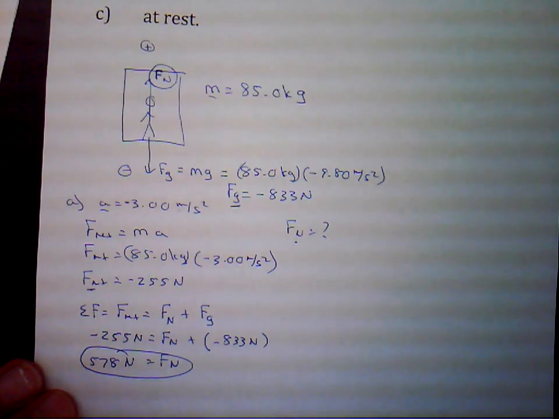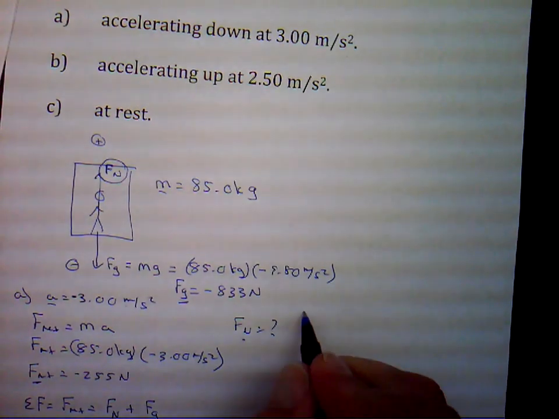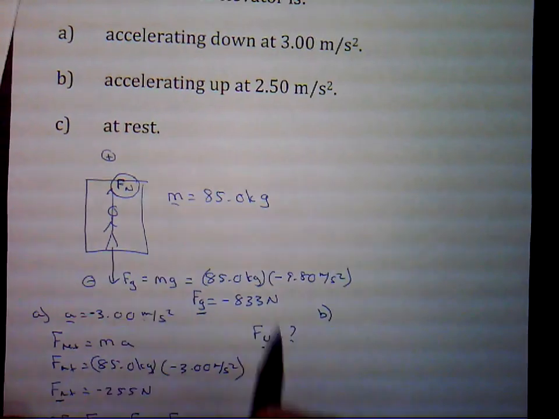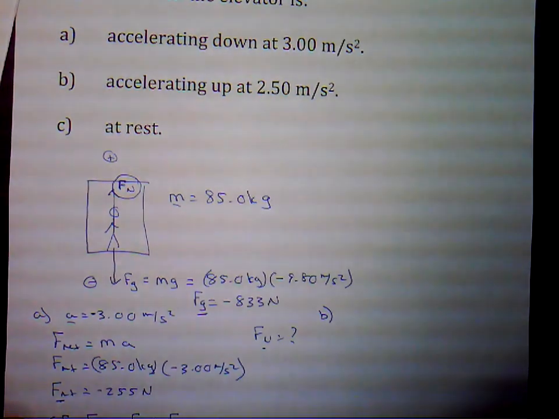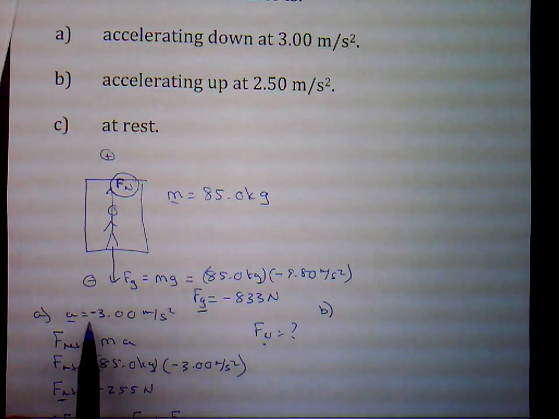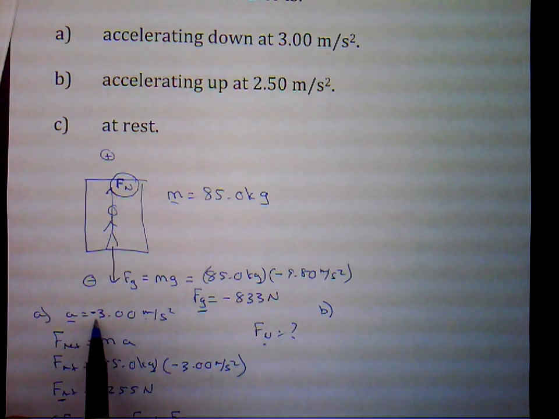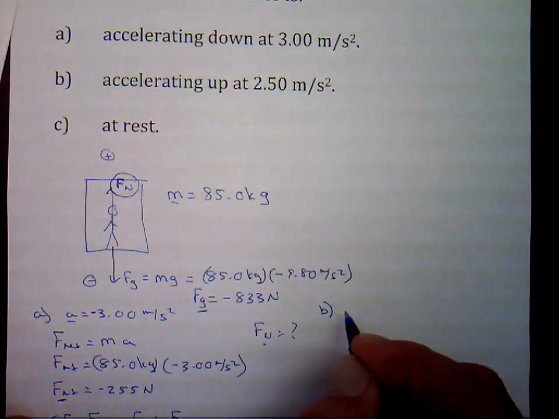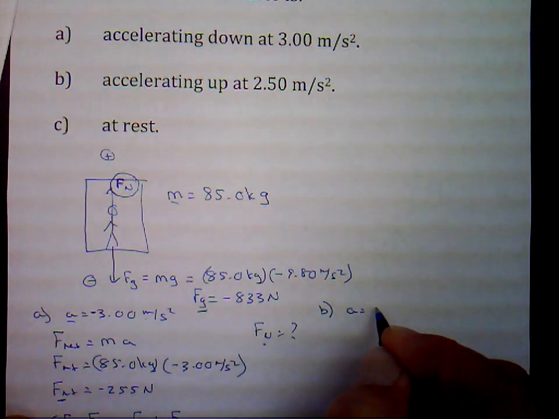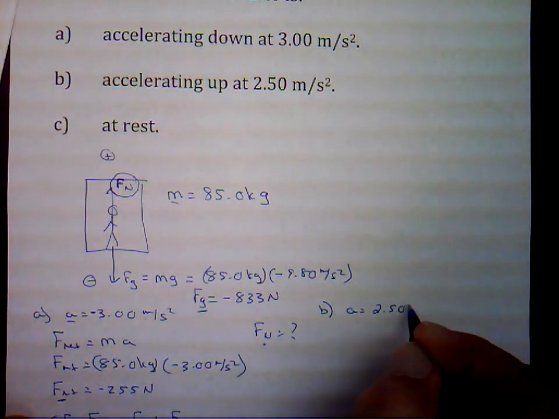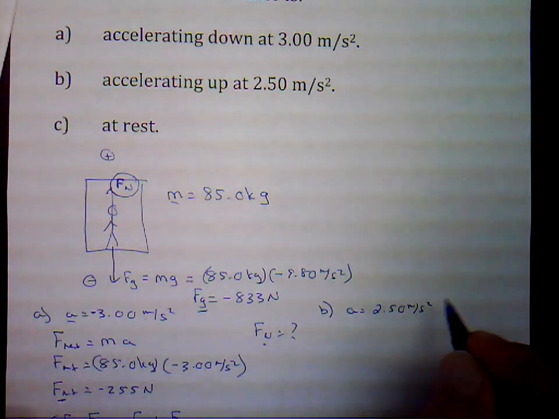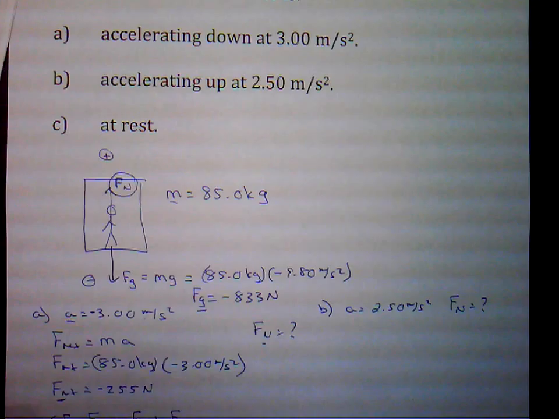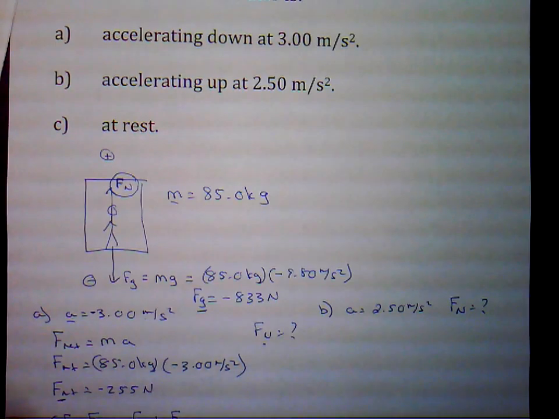Okay. Now let's go to part B. In this case, the elevator is accelerating up at 2.5 meters per second squared. In the first problem, the elevator was accelerating down, so that was negative 3 meters per second squared. But this one is accelerating up. Now we know that the acceleration is going to be positive 2.50 meters per second squared. And we're still trying to solve for this normal force, the force that the elevator is applying to the person.